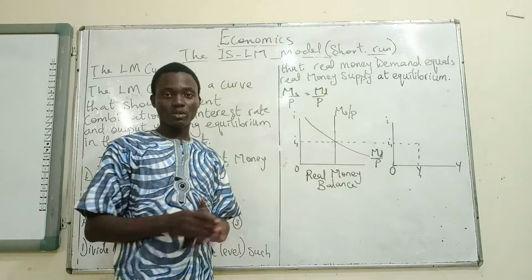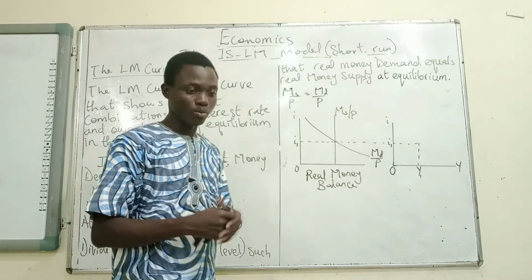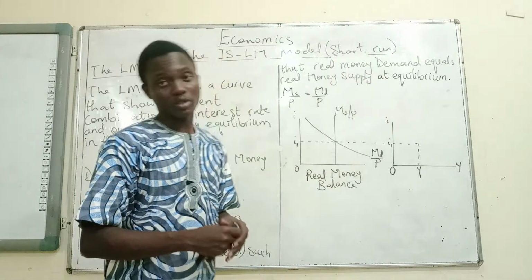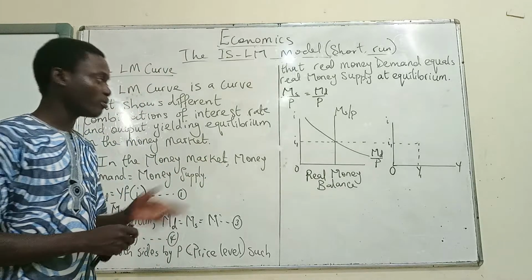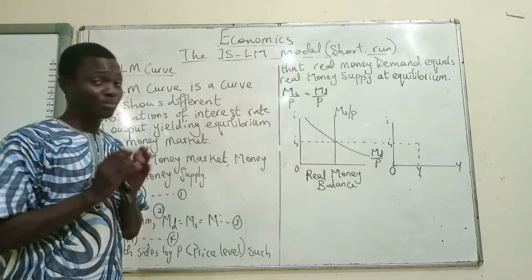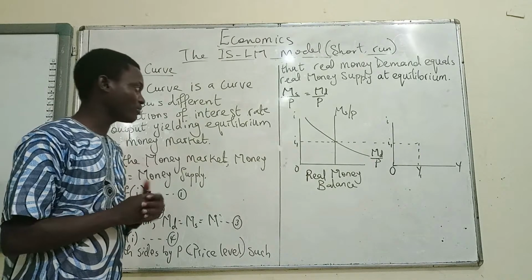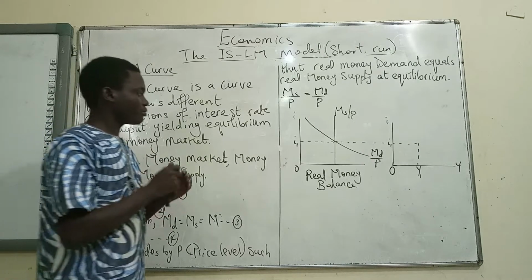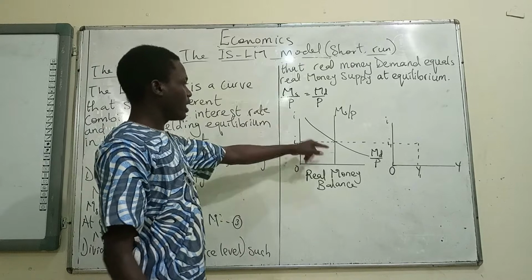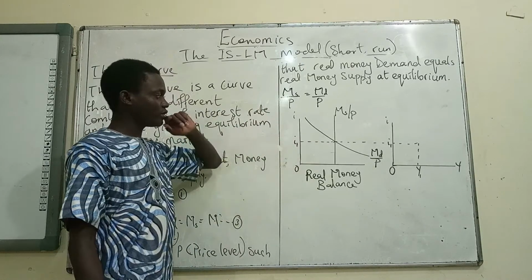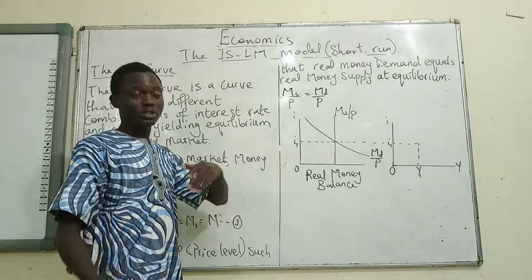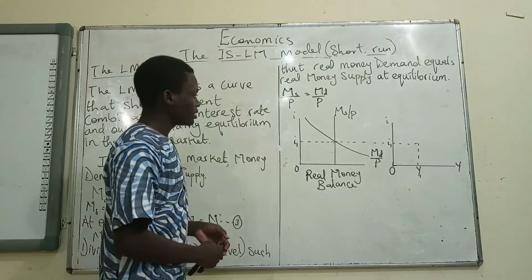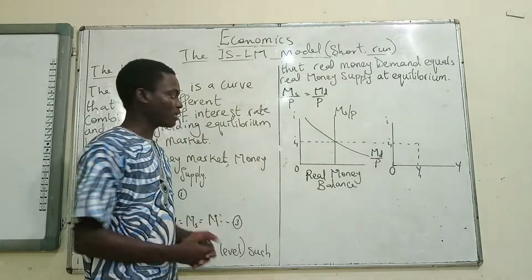Income comes in when we talk about transactionary as well as precautionary demand. For more details, just visit the previous class, as that is not the objective of this video. So the higher the interest rate, the lower the real money demand, and vice versa, of course.